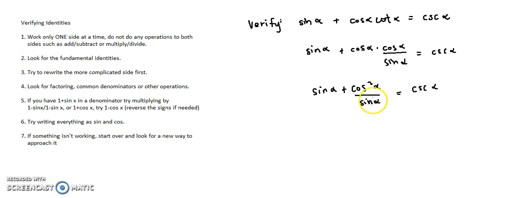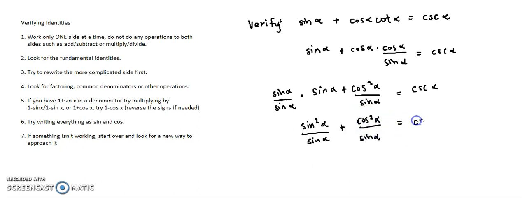Okay, so that's not doing too much for us yet, but if we get a common denominator, maybe we can put this together and see something else. So to get a common denominator, we've got to multiply this one by sine alpha over sine alpha. And that's going to give us sine squared alpha over sine alpha. And here we've got cosine squared alpha over sine alpha.